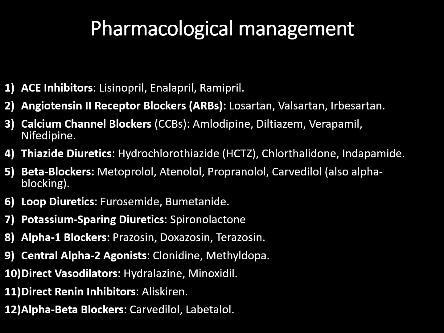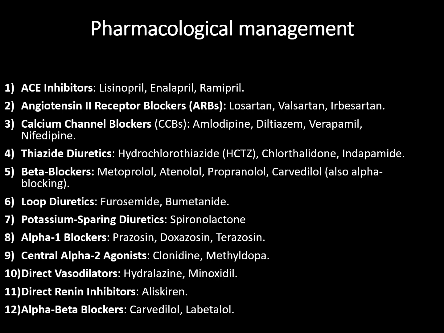Now let's focus on the main topic of the day, the antihypertensive drugs. We have them outlined here. We have the ACE inhibitors, angiotensin converting enzyme inhibitors, which usually end with pril, lisinopril being an example.